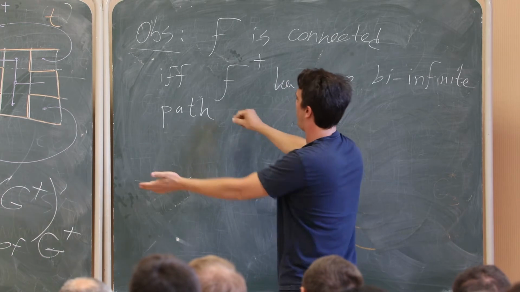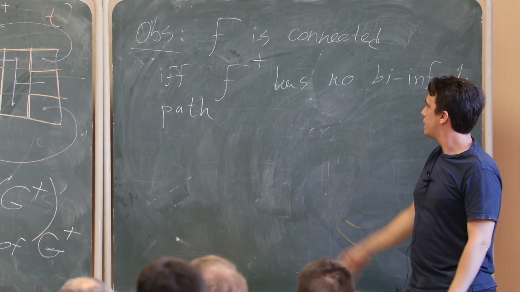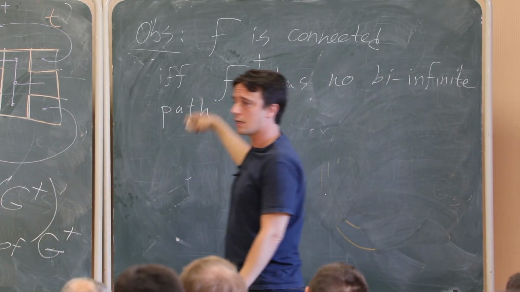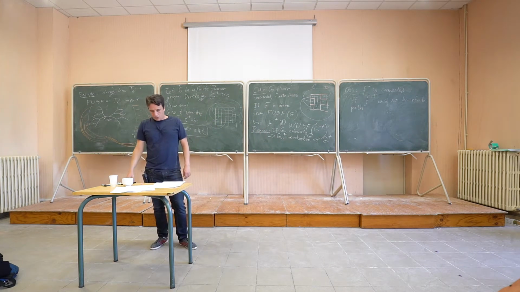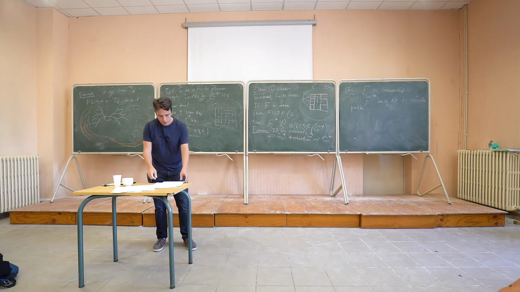It's equivalent to saying that each component of F cross is one-ended. Any questions so far? This is pretty neat, classic stuff.